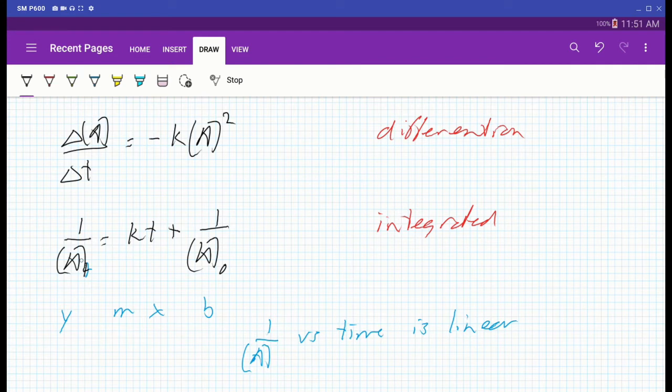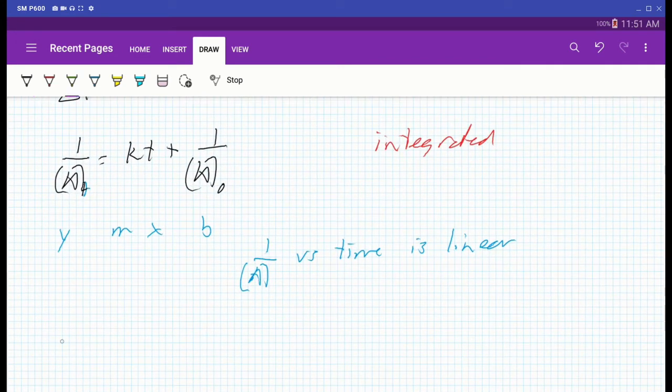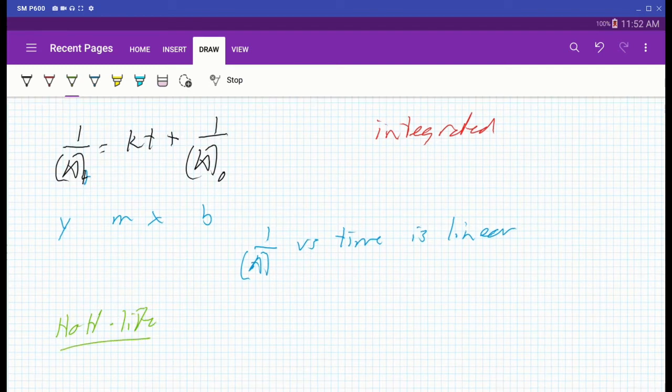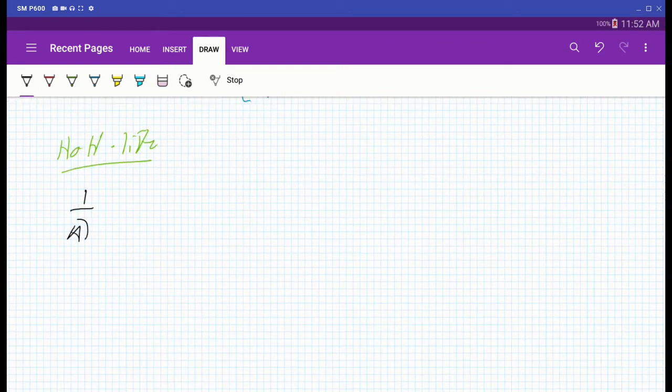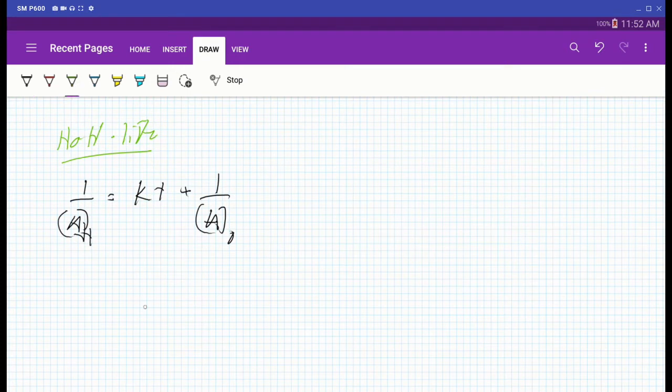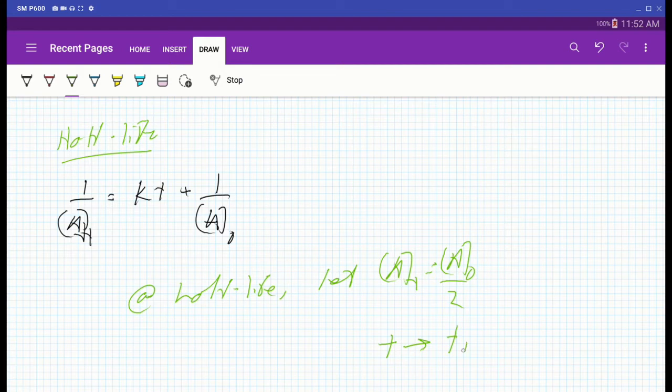In order to figure out what the half-life is for a second order reaction, we're going to take that integrated rate equation and exactly like what we did before, at the half-life, we're going to let A as a function of t be A0 over 2, and t goes to t 1/2.